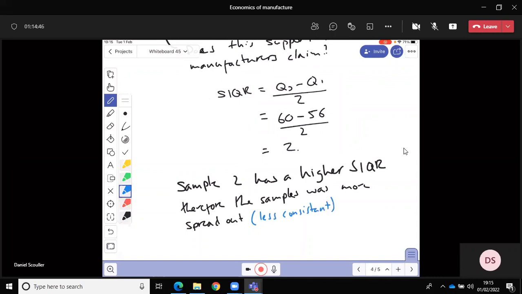Now it doesn't ask you for that, but if it did ask you to compare the semi-interquartile ranges, it's quite an easy calculation. The higher it is, the further spread out it's going to be. So it's less consistent. Any questions on that, guys?